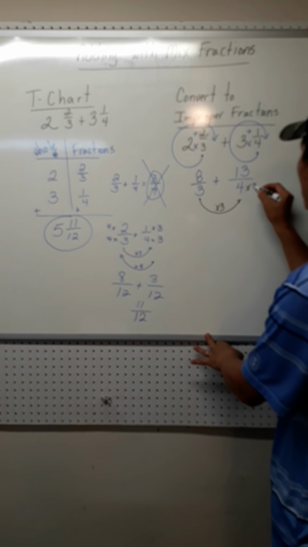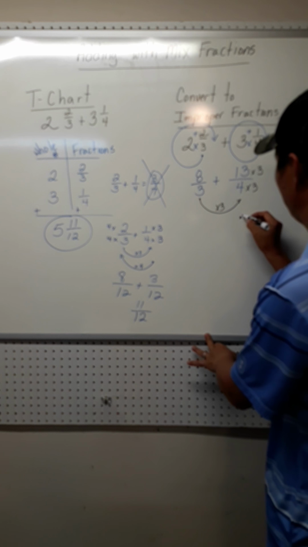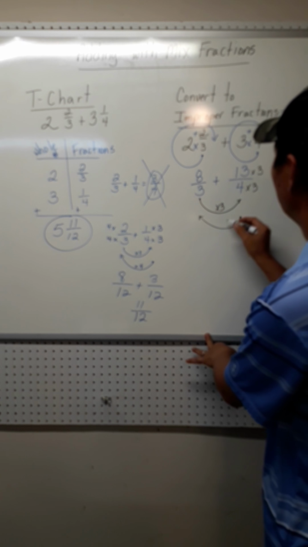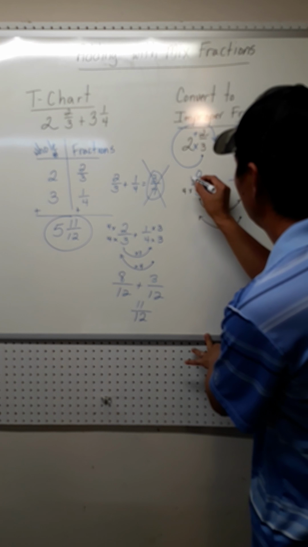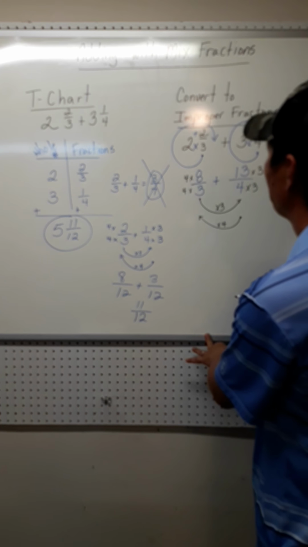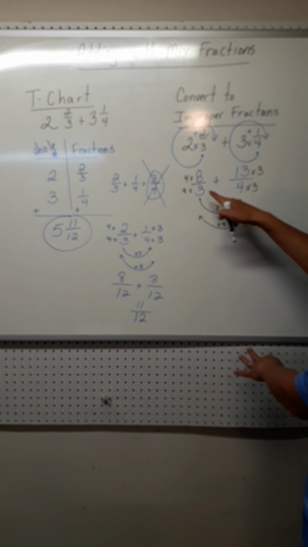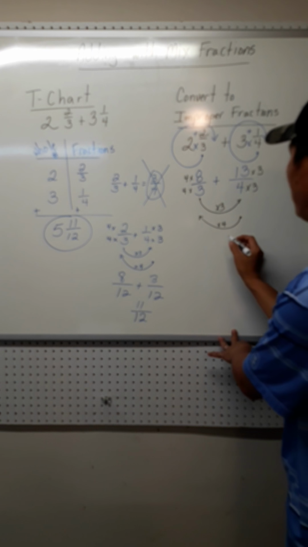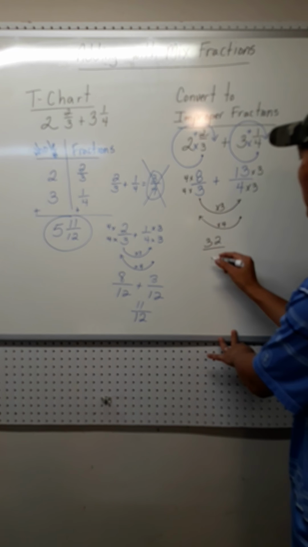Bring the basket from the other denominator and put times 4. Now when I multiply 8 times 4, I get 32 over 4 times 3 is 12.